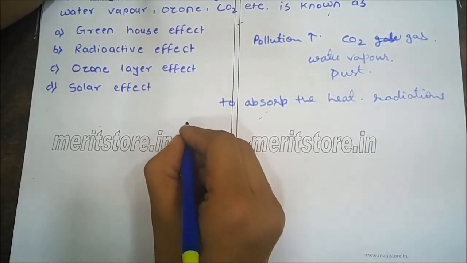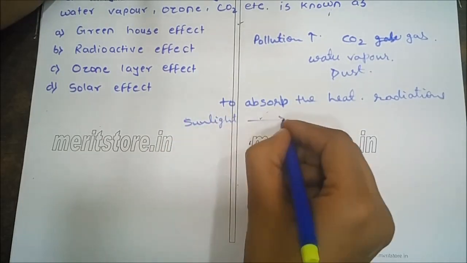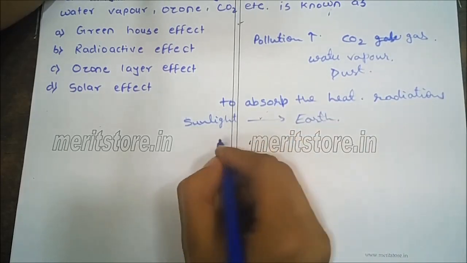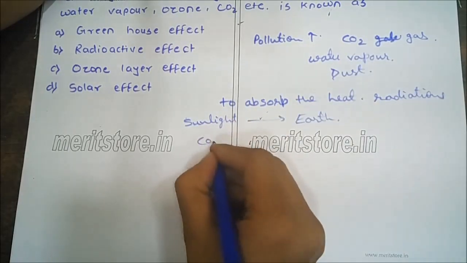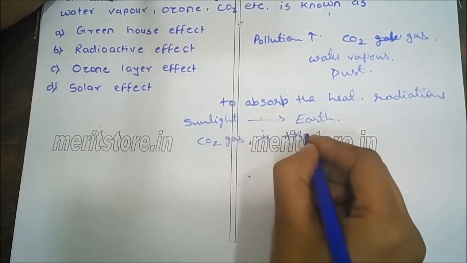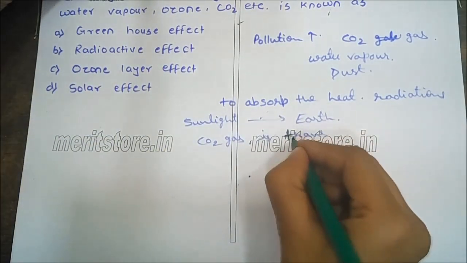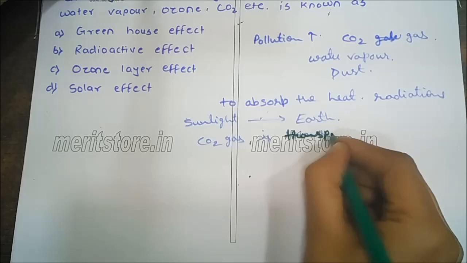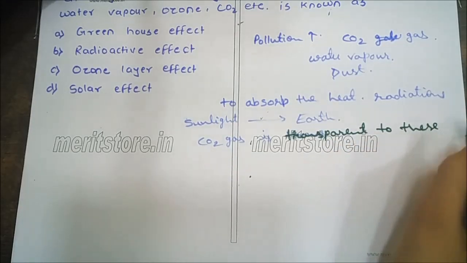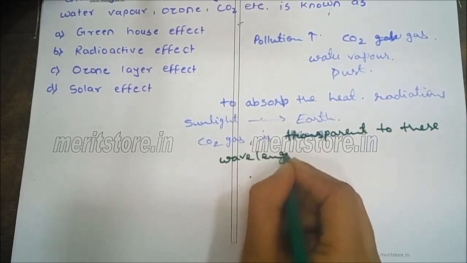When the sunlight falls on Earth, carbon dioxide gas is transparent to these wavelengths of radiations.